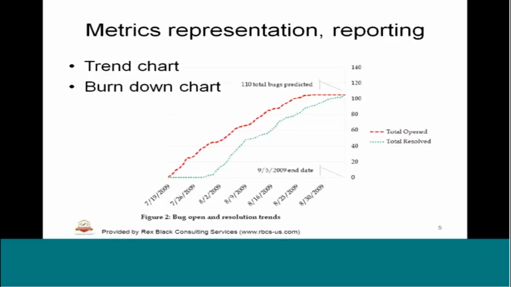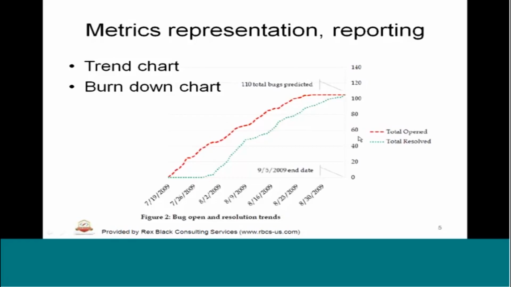So 9/5/2009 was the last date, and the program is being reported every week starting from 7/19. The test program was started on 7/19, and till August 30 this was reported, and it was ending on 9/5. So you can see there are two colored graphs or dotted lines.